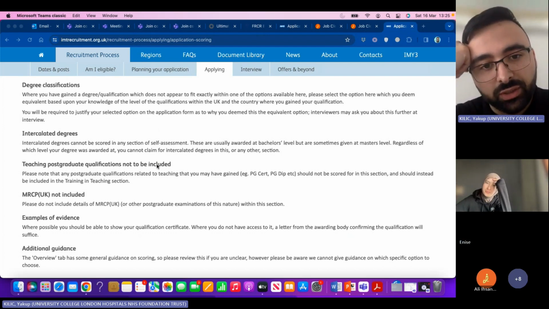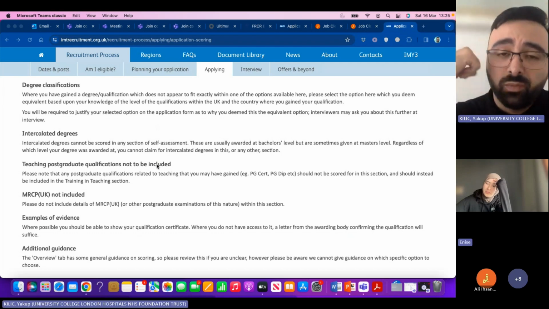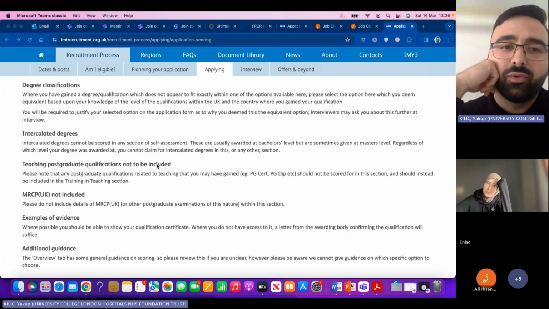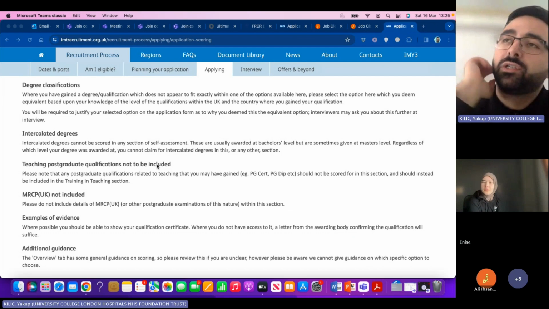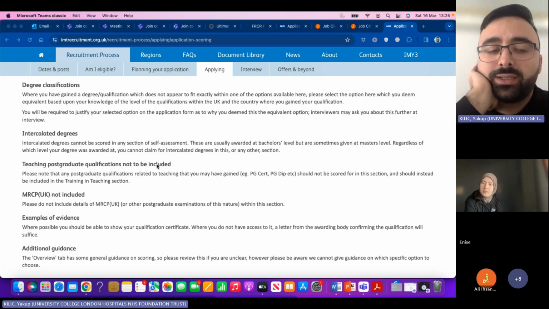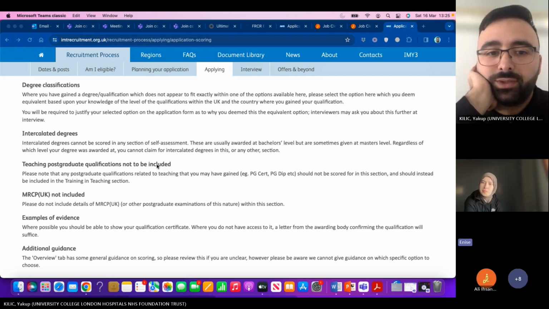So it's compulsory essentially, especially to work as a consultant. It's recognized worldwide as well. So it's a prestigious diploma. It can help if you go abroad. I know, for example, if you wanted to go to Canada, they do recognize MRCP.